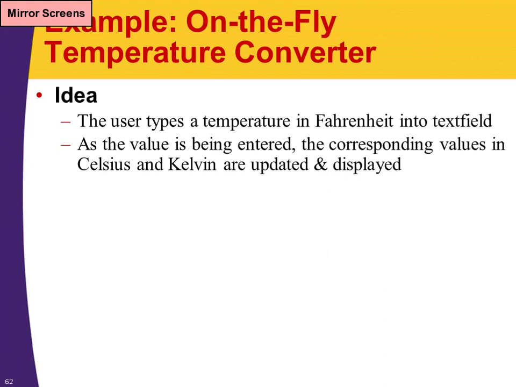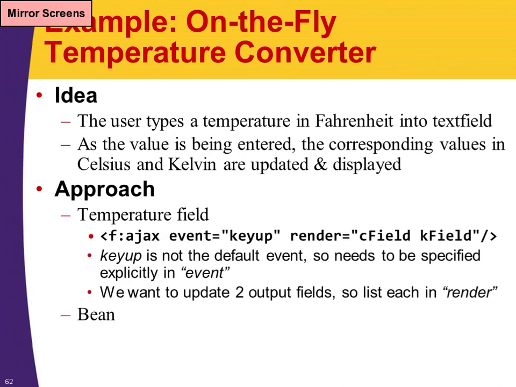The corresponding values in these two other fields, one called Celsius and one called Kelvin, two other temperature scales, are updated and displayed. So you have a temperature field that's being asked for. In this case, we're doing it on key up. You could do it on blur, which means this would wait until they left the field. However, in this case, to really show you it working, it does it on every keystroke.